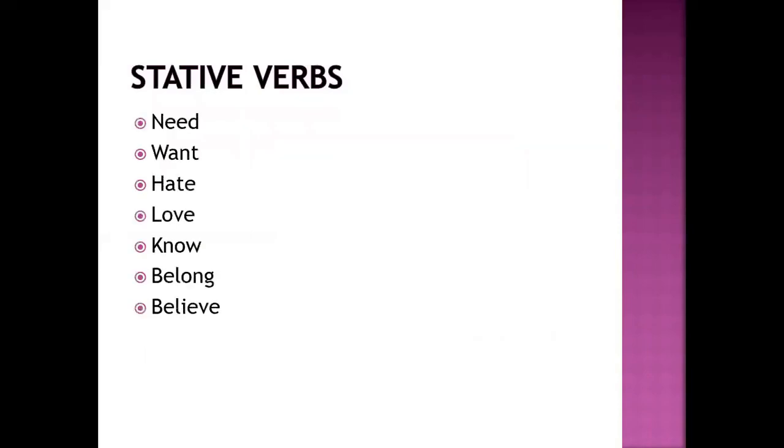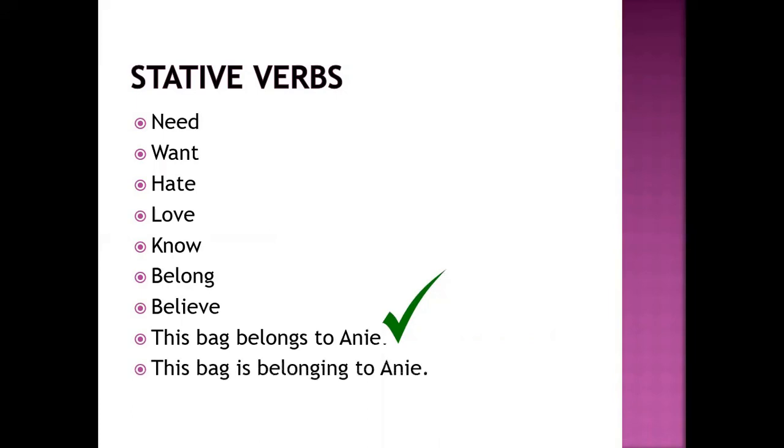Stative verbs: need, want, hate, love, know, belong, believe. This bag belongs to Annie. This is the right way to use belong, rather than this bag is belonging to Annie. It is used wrongly there, because belong is a stative verb. It is not an action verb.